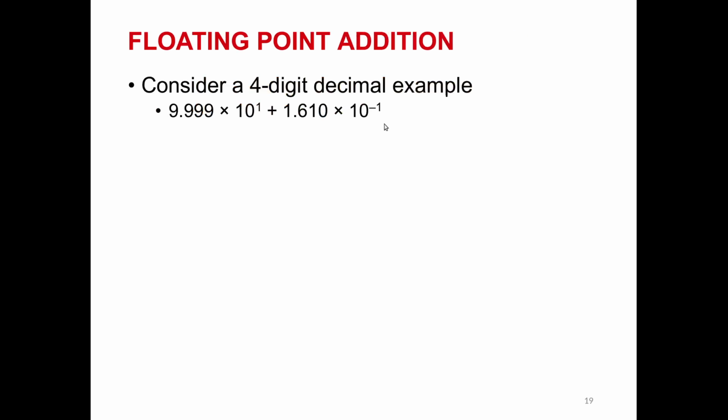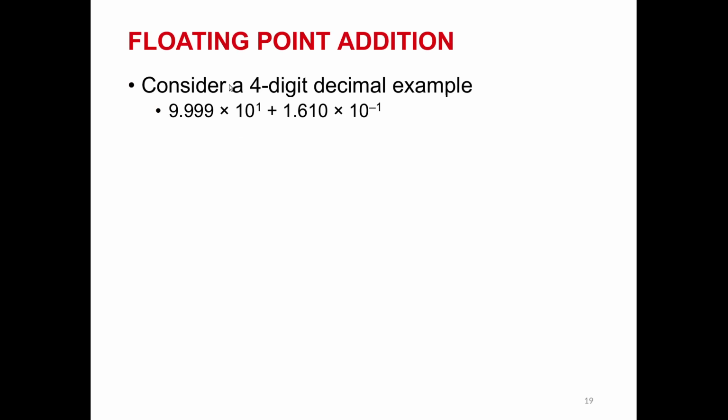Well, now we will go into floating point addition. Here we will look into a decimal example so you can easily understand how floating point addition occurs before we go into the algorithm. In fact, the decimal addition with floating point occurs in the same manner as the binary one. So we take the decimal here.